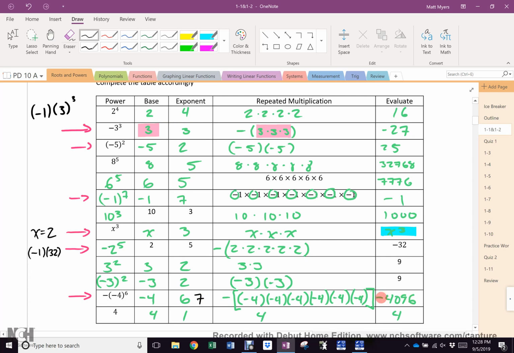Would it be positive or negative if that's a 7? Positive, because the extra exponent would get me negative inside the brackets, and then a negative out front times the negative in there would get me a positive. Is everybody now perfectly comfortable with all exponents and all bases as long as they're numbers?